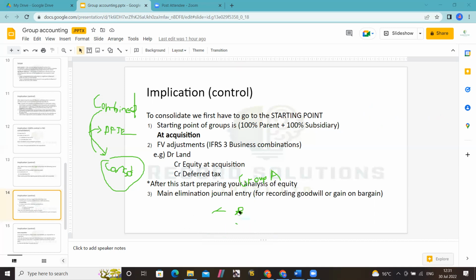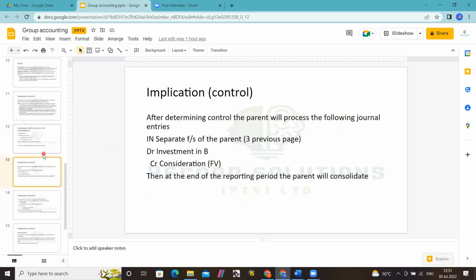For instance, most PPE uses the cost model, or the diminishing balance method, or some depreciation model, but it doesn't use fair value. Do you see that they are actually assets that don't use the fair value model?